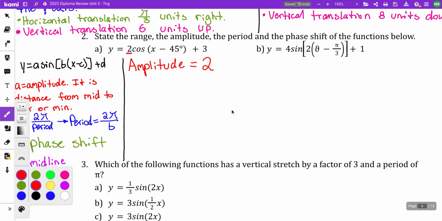A stands for amplitude. Phase shift is the C value. In this case, it's 45. I know they put degrees. You put degrees, wouldn't be wrong, but we just call it 45.